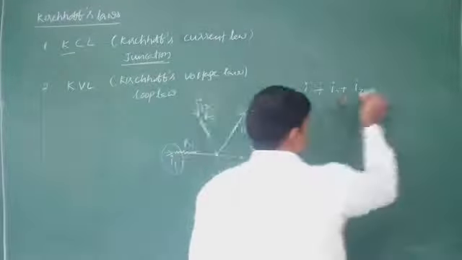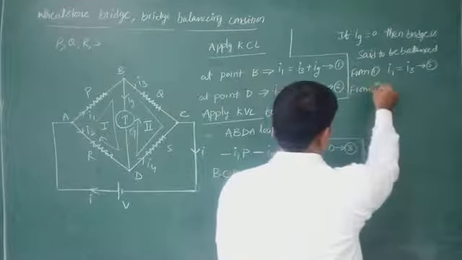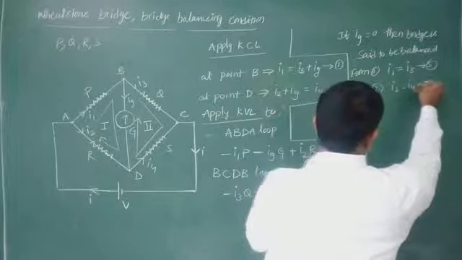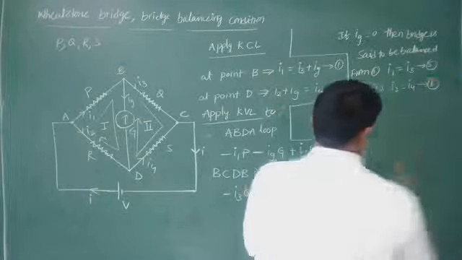So when Ig is equal to 0, observe here. From equation 1, I1 is equal to I3. This is equation number 5. And from equation 2, I2 is equal to I4. This is equation number 6.